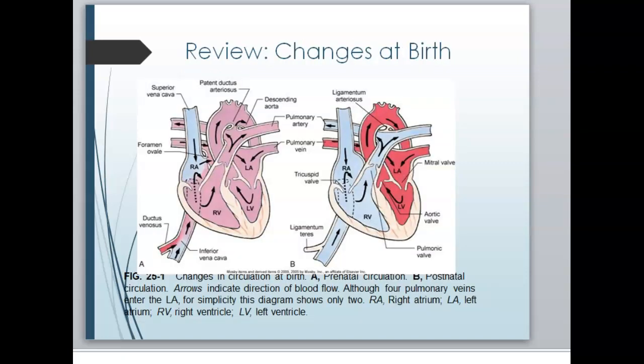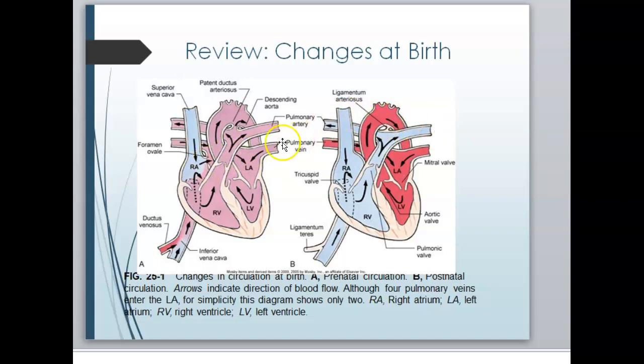Here is a picture of the changes at birth that occur in a child from a fetus to a child. You'll see right here is the ductus venosus, the shunt that shunts blood from the liver. The ductus arteriosus is between the aortic arch and the pulmonary artery, and the foramen ovale has an opening or connection between the right atria and the left atria.